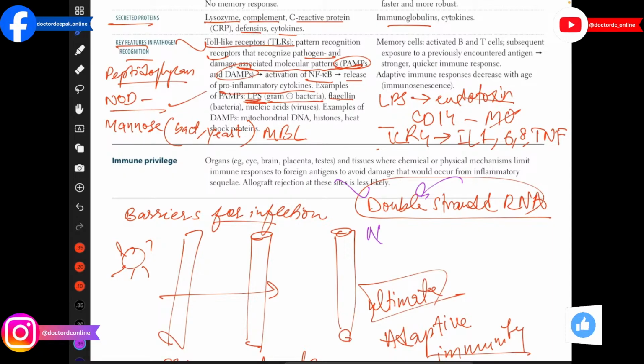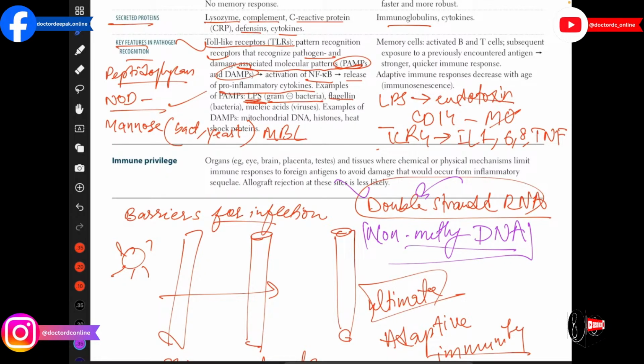Also, they have non-methylated DNA. In a normal human being, the DNA is methylated, so our immune system also recognizes and attacks that. And after all these things, you know that for gram-negative bacteria we have lipopolysaccharide.